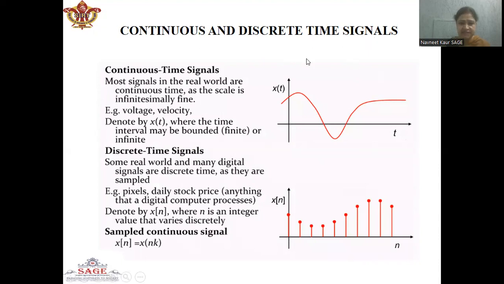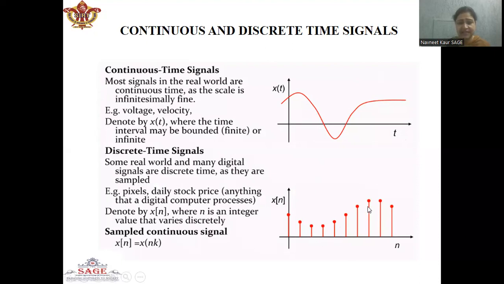I have already discussed in my previous slides the difference between them. If a signal is defined at every instant of time, then the signal is known as a continuous time signal. But if I perform the sampling of this signal, then I'll get the signal value at only discrete instants of time.